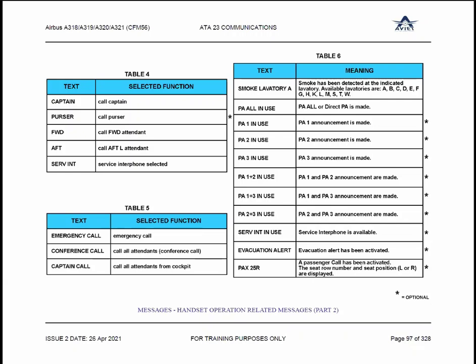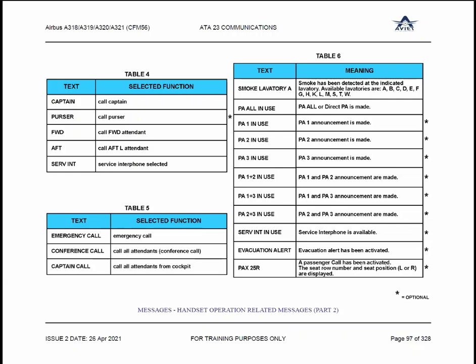Right, sir? So various kinds of messages you will find in the text message, like smoke lavatory, if there is smoke. PAX 25R means a passenger call has been activated, with the seat row number, and left or right written. So PAX 25R means the passenger on seat number 25, right hand side, is calling.